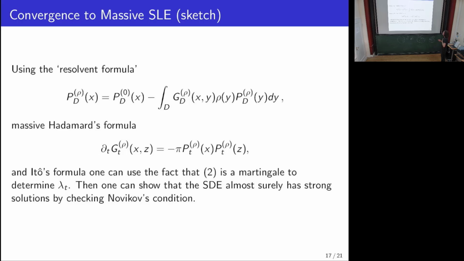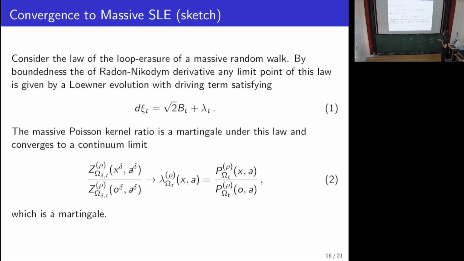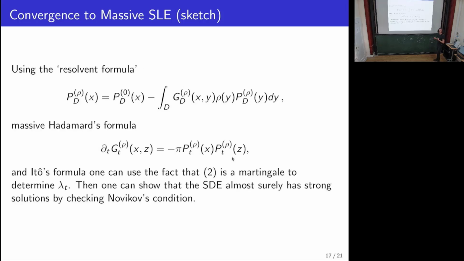You need to know some things about this limit, and these things are given by so-called resolvent formulas from Makarov and Smirnov. The important thing about this is that it allows you to connect the massive thing. There should not be a rho here. There should be a 0 here. To the non-massive thing.